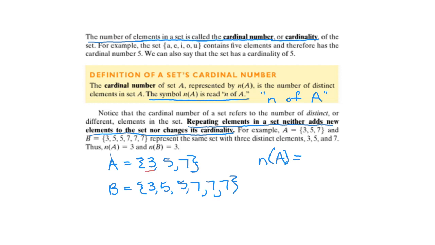This one contains 1, 2, 3 elements, so the cardinality is 3. For set B, I'm going to count each unique one: I have a 3, a 5, and a 7. So once again, I have a cardinality of 3. It says you're looking at distinct elements, so don't count the repeats, just each unique item or value.